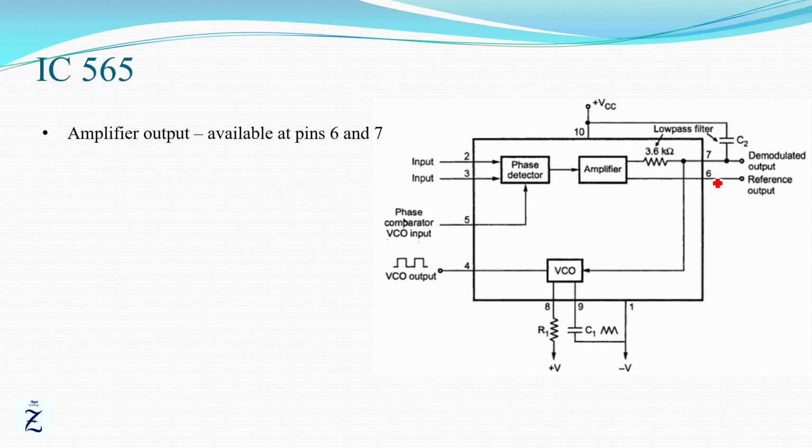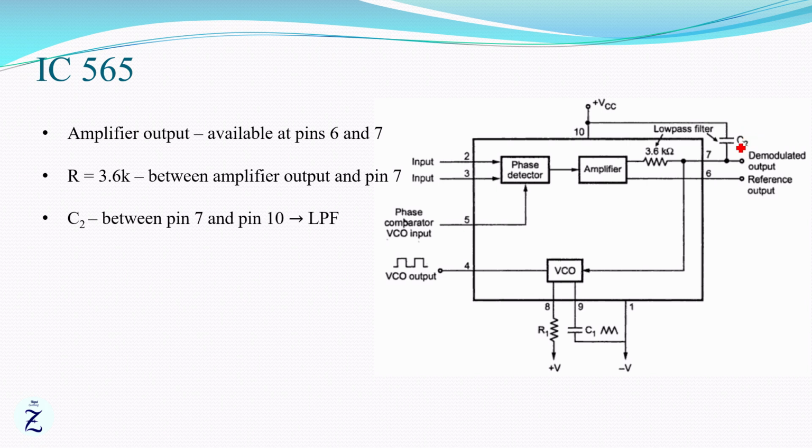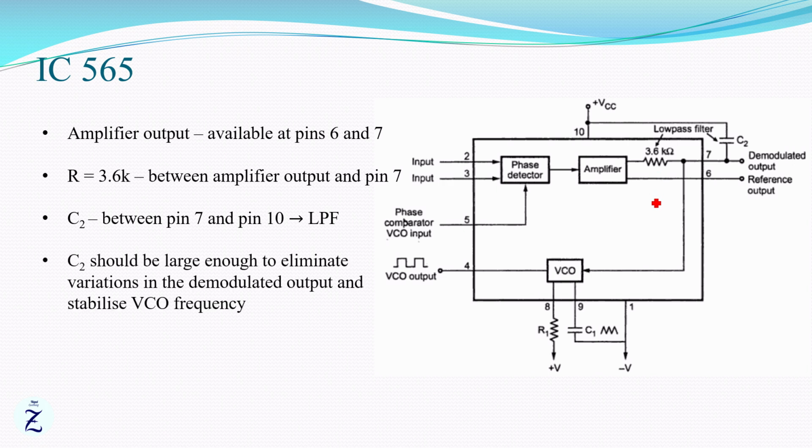There is a resistor of 3.6 kilo ohm connected between pin 7 and output of the amplifier, and a capacitor C2 connected between pin 7 and pin 10 forms a low pass filter. The capacitor C2 should be large enough so as to eliminate the variations in the demodulated output and stabilize the VCO frequency. Voltage available at pin 7 is connected internally to VCO as a control voltage.